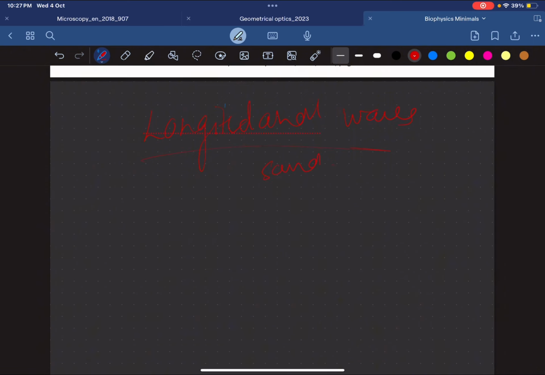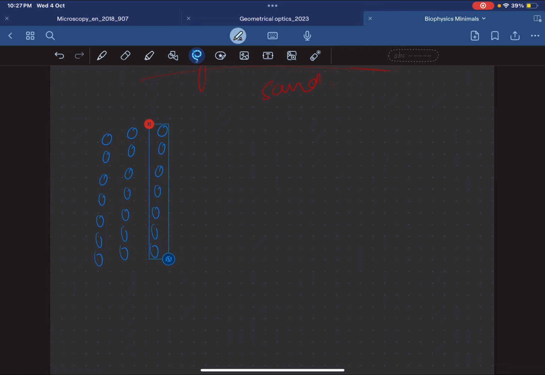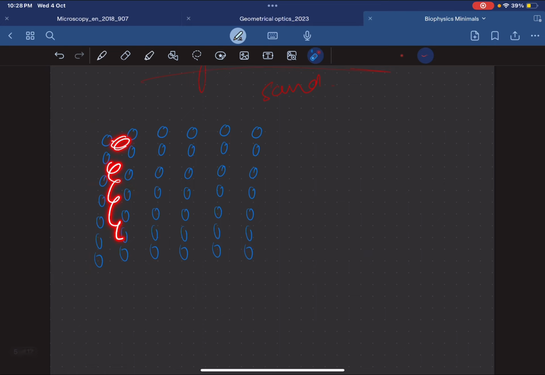What happens in sound waves is there will be particles of air, for example, and due to the vibrations, these air molecules are compressed and they have rarefaction, compression and rarefaction.